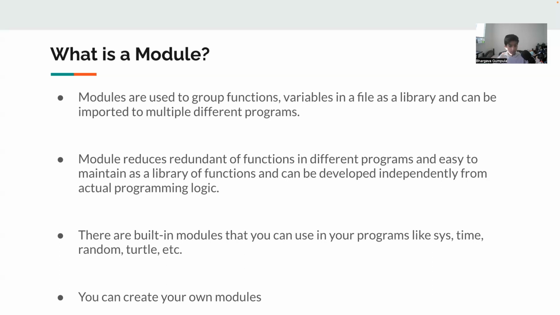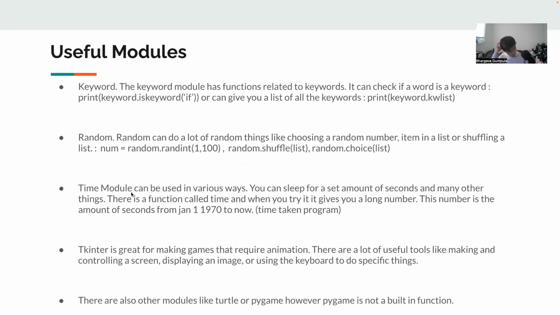In Python there are built-in modules that you can use in your programs like sys, time, random, turtle, and etc. And you can also create your own modules. So let's see, here are some useful modules to use. First is keyword. The keyword module has functions related to checking a keyword. It can check if a word is a keyword.